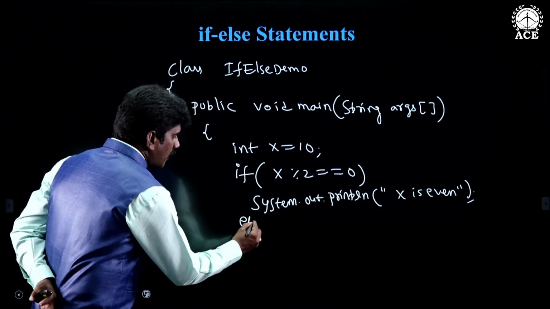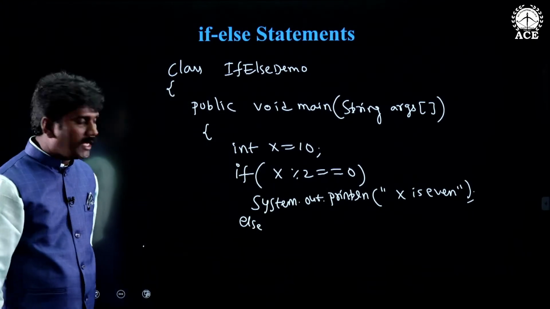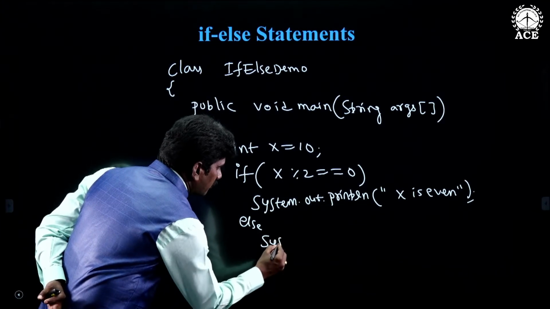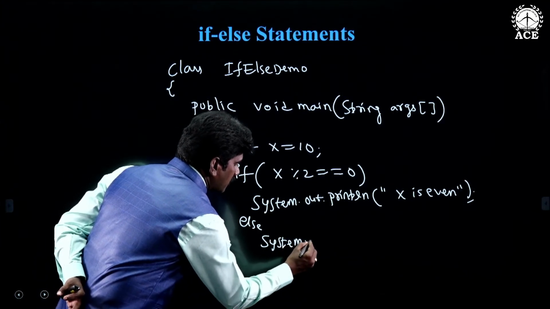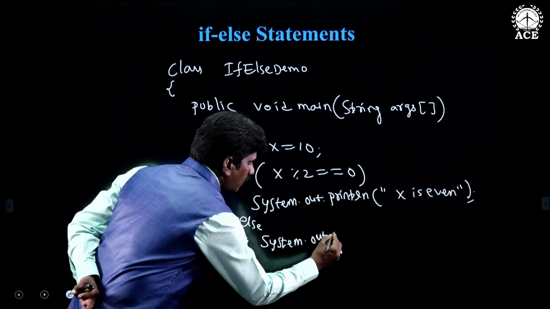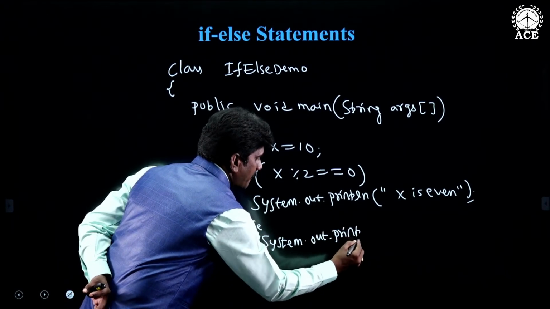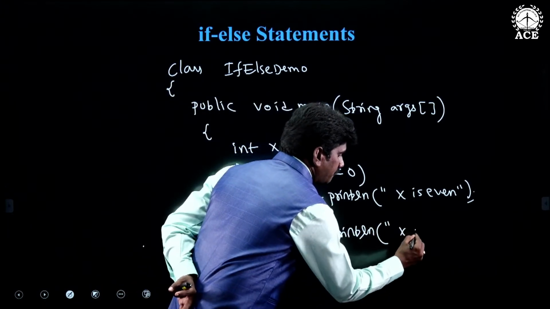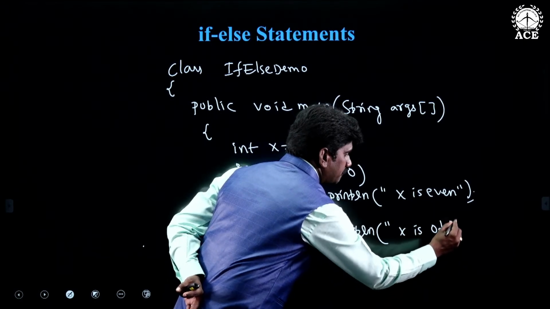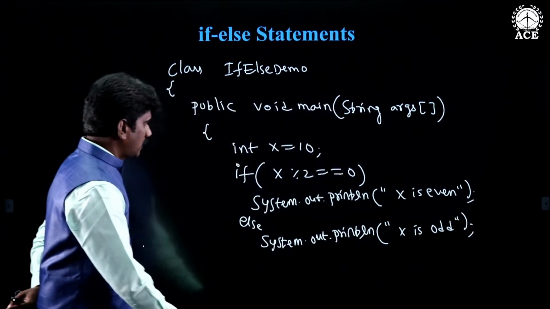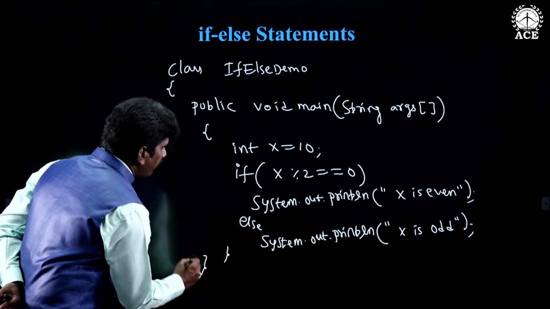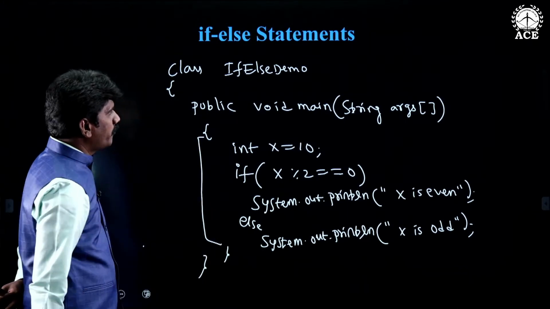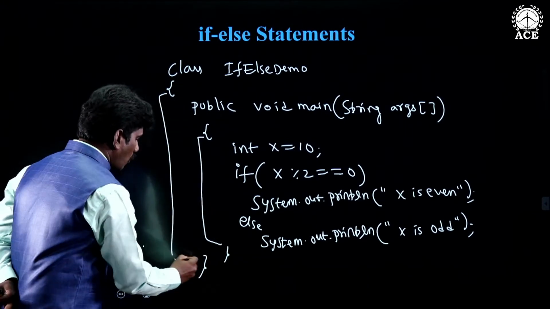So here we are talking about the if else statement, then we can take the else part also. Like else, let us print x is odd, like System.out.println x is odd. Right. This is the scope of the main method and this is the scope of the class.